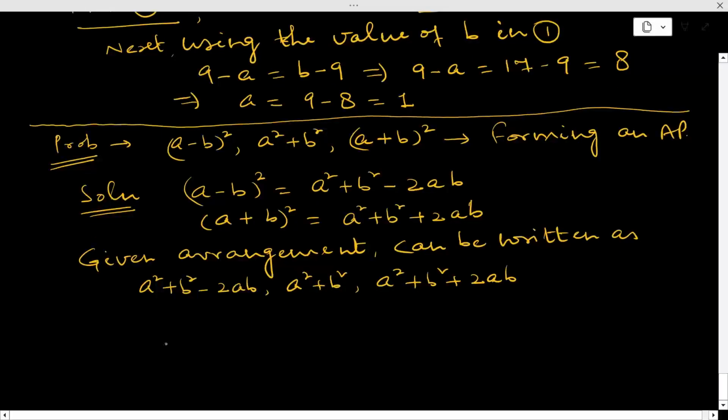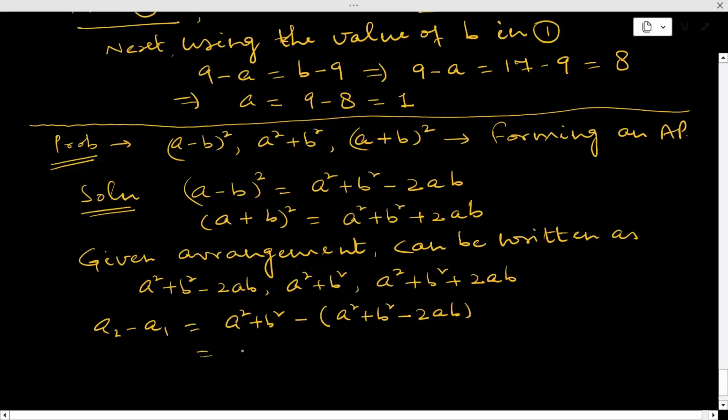So now if you take the difference, means a2 minus a1, that can be written as a square plus b square, this is our a2, minus a1, that is a square plus b square minus 2ab.